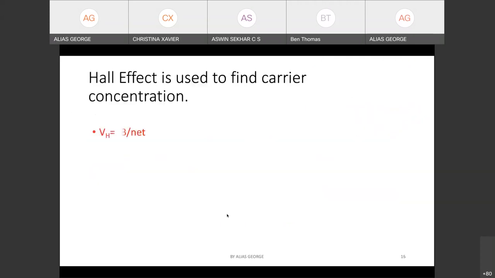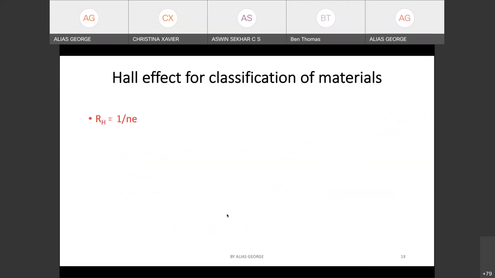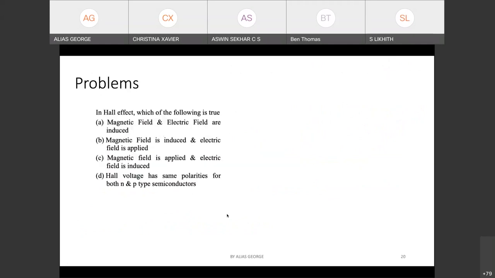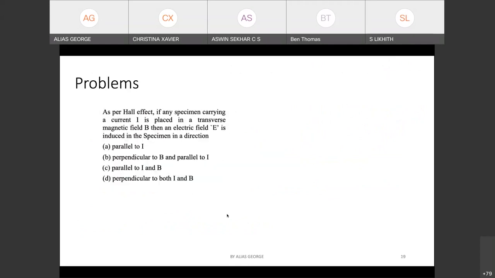Thank you, Christina. I have a doubt here. You said the Hall voltage can be used to differentiate between N type and P type, but technically we can't, right? Because intrinsic semiconductors also give a negative Hall voltage, since it depends on mobility and electrons have higher mobility than holes.